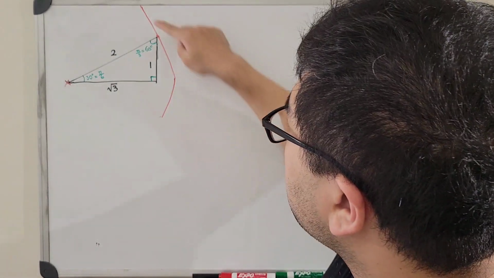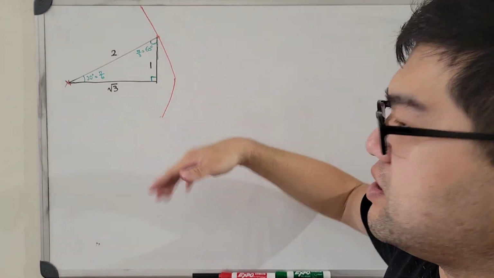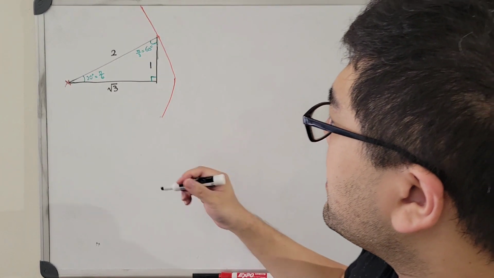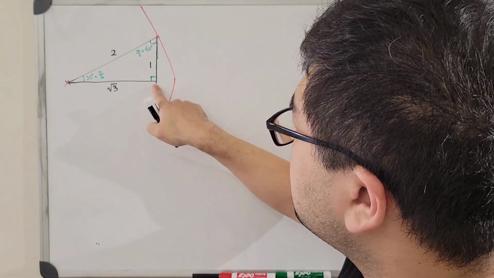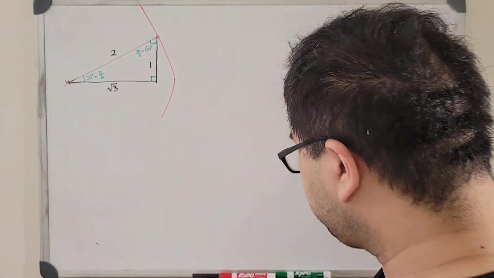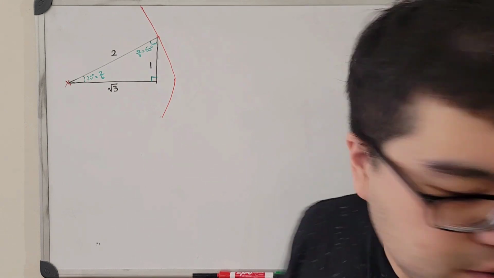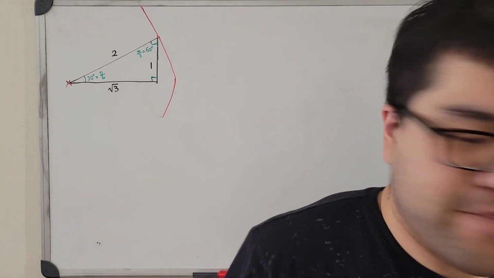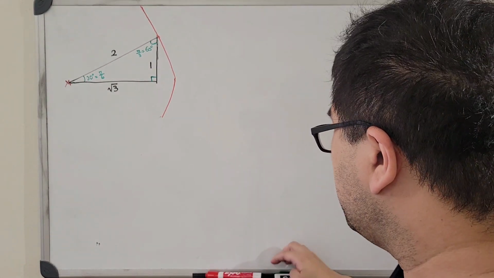Since this red arc is part of the circle, let's extend the horizontal line on the bottom. I'll use a different color.